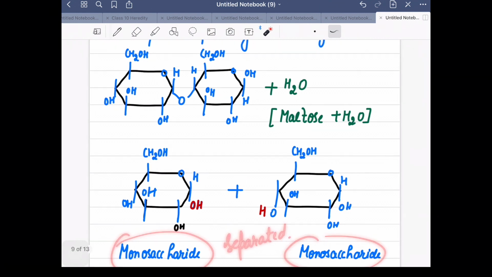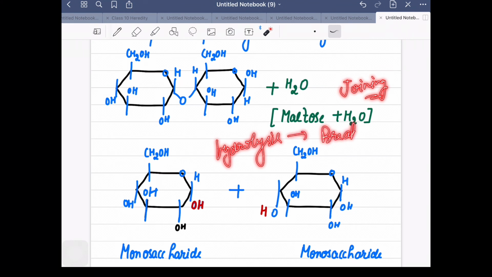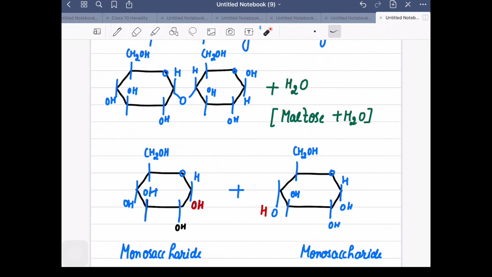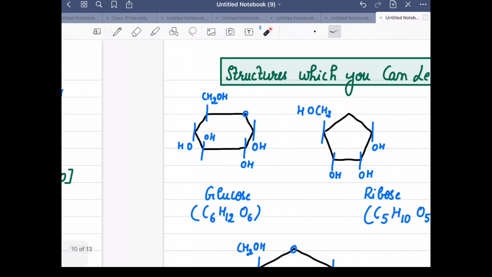So two important things: dehydration synthesis for joining of two monomers, and hydrolysis for breakdown of a polymer, like you are breaking down maltose here. This process is known as hydrolysis.